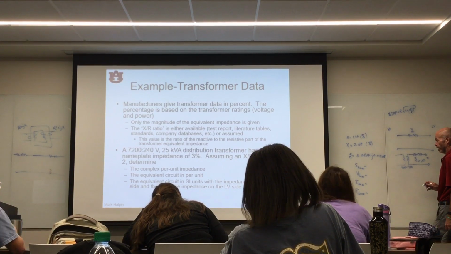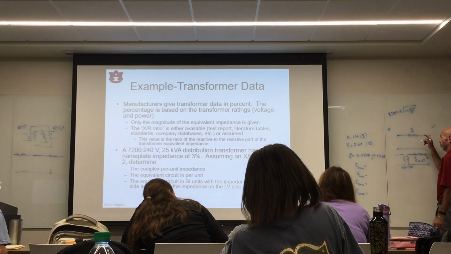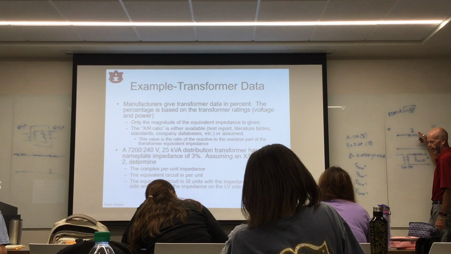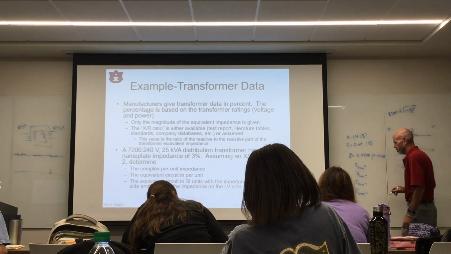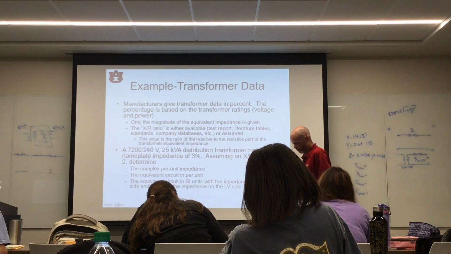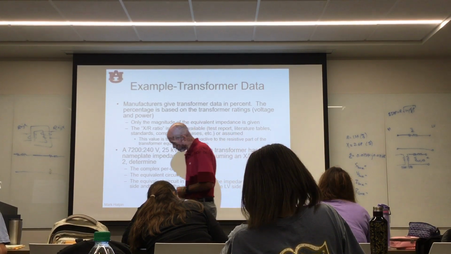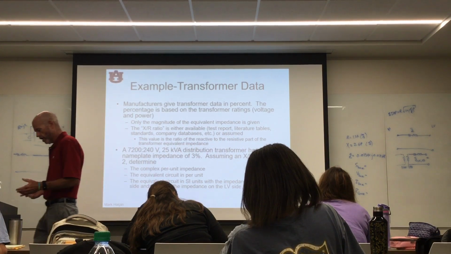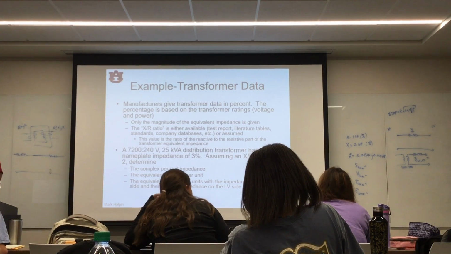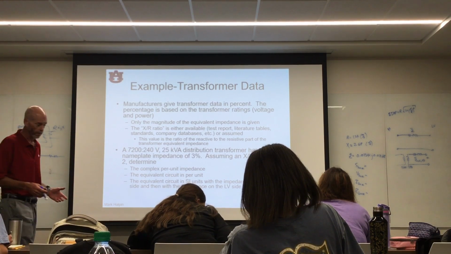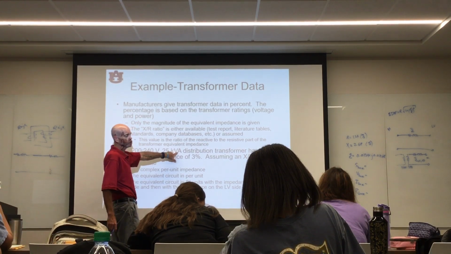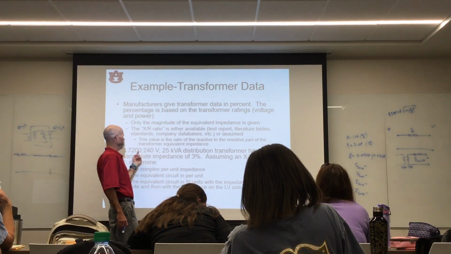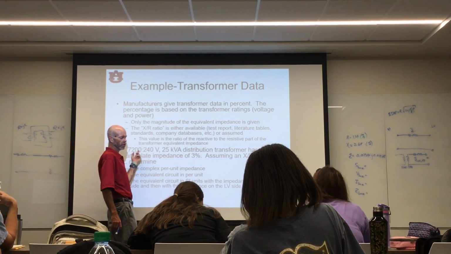So how do I do that? Well, I have the impedance in per unit, and I have to get it out of per unit by multiplying it by the base. So where do I get these bases? Can I pick them? Well, no, they were already picked. The manufacturer picked them, and they picked the ratings of the equipment. The rating of the equipment in terms of power is the same on both sides. The rating in terms of voltage is different.